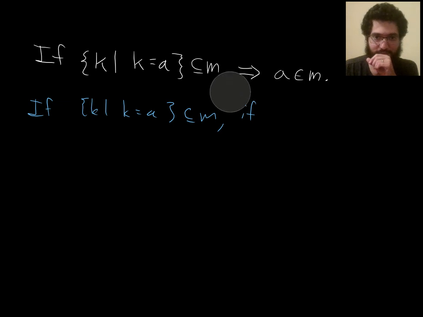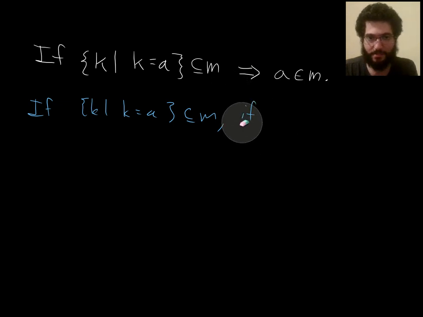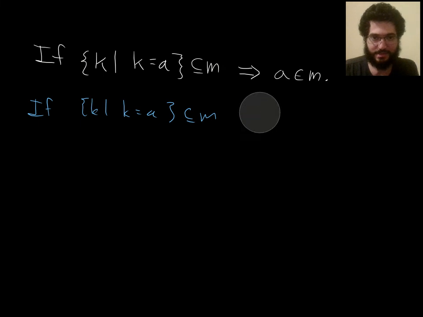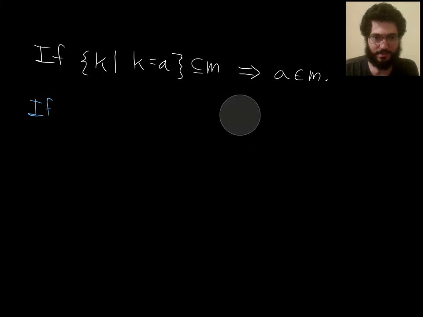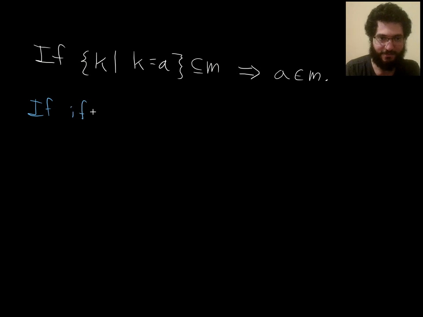So actually the way I see this done is people will usually omit the comma, and they will just write this. So this is how I would write it. It says if, because this portion says, if this, then that.